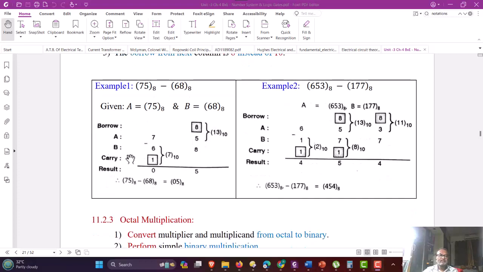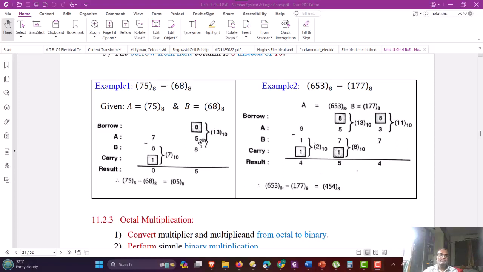Here it is written, A is 75 minus 68, that is in octal. 5 minus 8, the subtraction is not possible. So what will we do? We will take a borrow from the next column. But here the number system is the octal number system, so the borrow is 8 instead of 10.